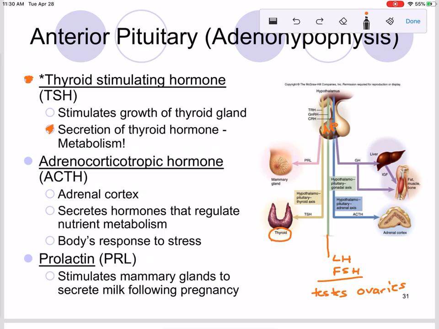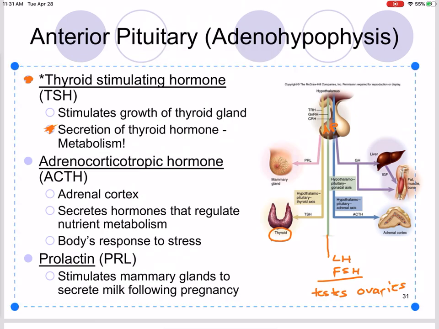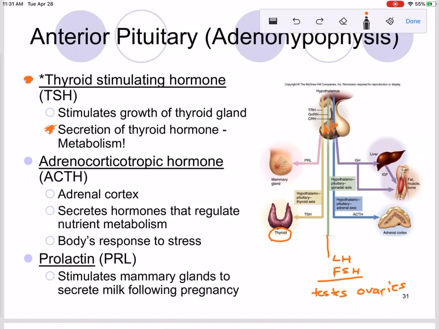So this small gland in the brain, the anterior pituitary gland, releases hormones that go all throughout the body, all the way down to the testes and ovaries, to the adrenal gland above the kidneys, to the liver, to the muscles, to the bones, to the mammary glands, to the thyroid. So it's pretty amazing.